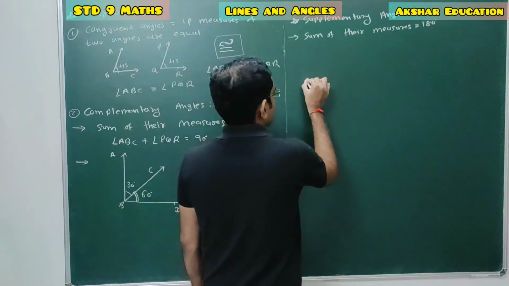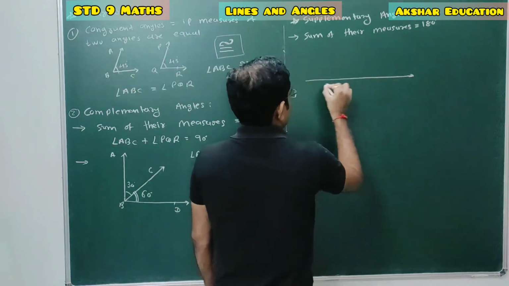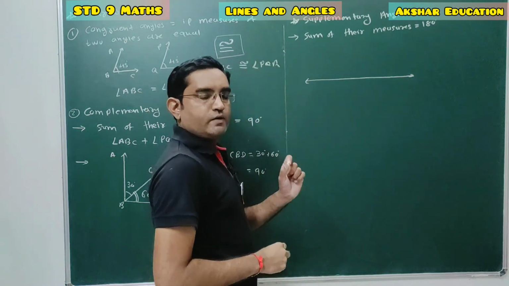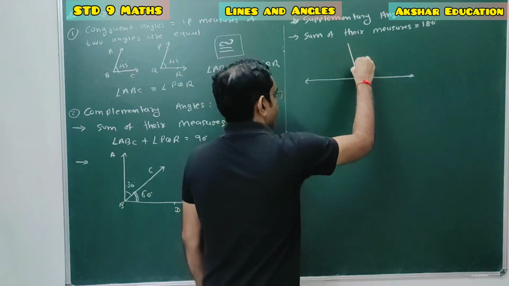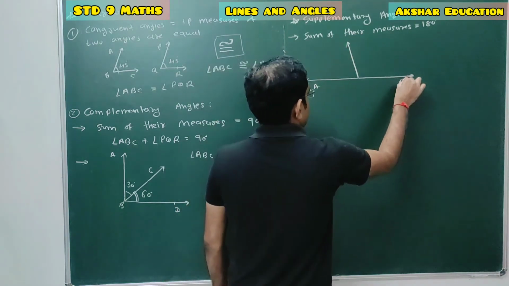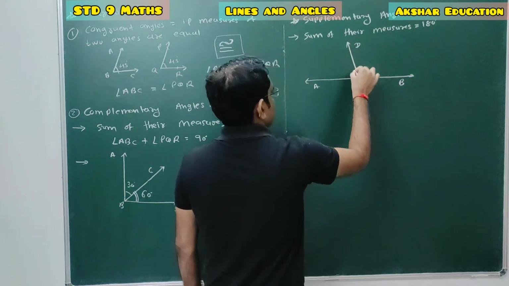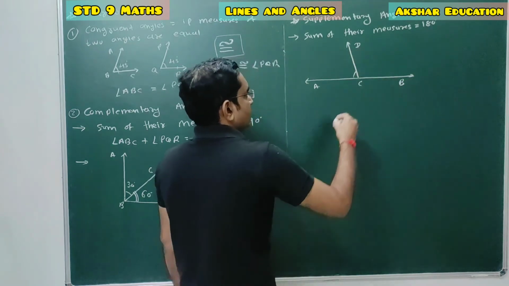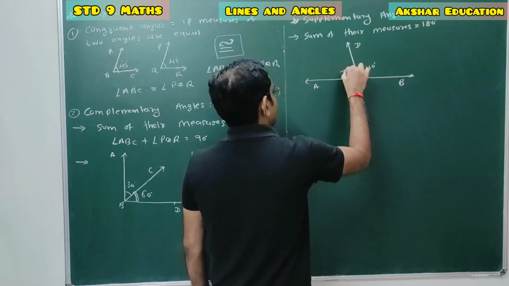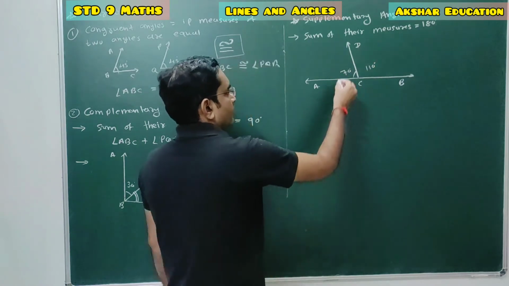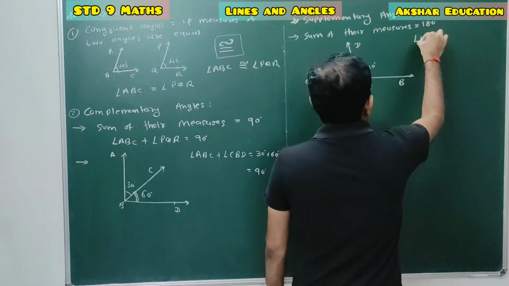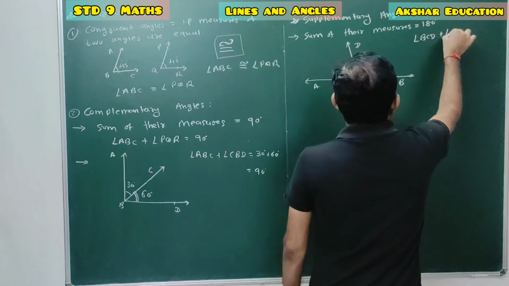For example, we know that a straight angle has a measure of 180 degrees. If one ray stands on this straight angle, the angle is divided into two parts. Suppose this is 110 degrees and this one is 70 degrees. So the sum of the measures of these two angles is 180 degrees.